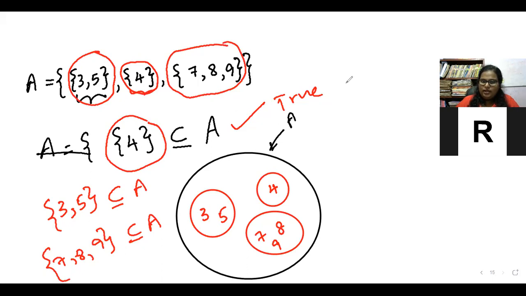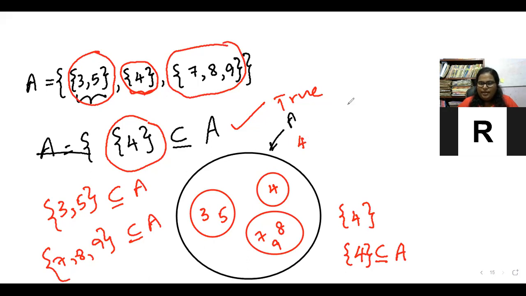You don't need to put two curly brackets like you have written. Only one curly bracket is enough. If you write it as 4 alone, it is wrong. It should definitely be inside a curly bracket. Otherwise, if we write just 4, it is considered an element.